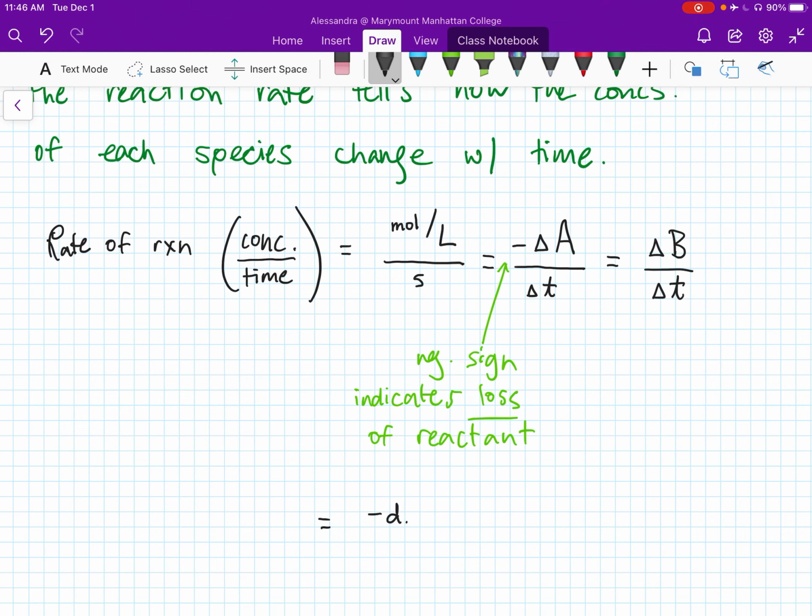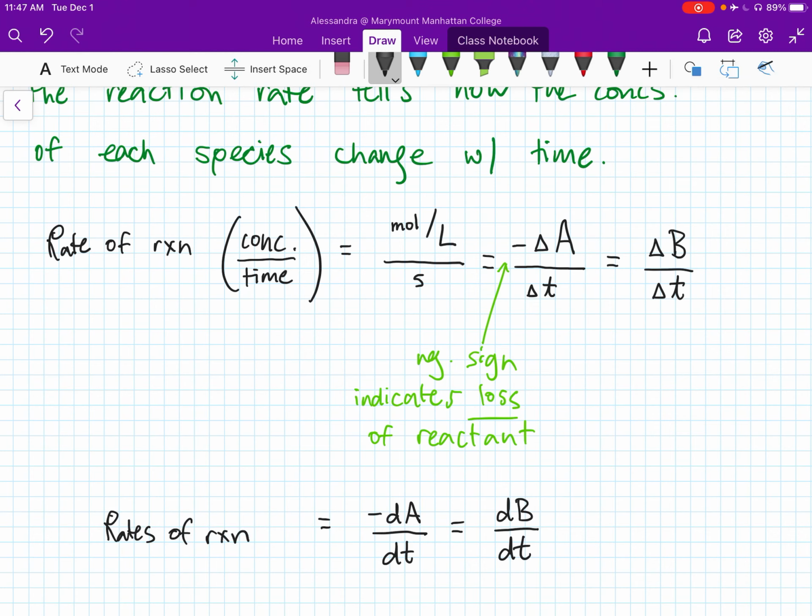So sometimes you see dA over dt, where d just symbolizes that delta, that change. So this is just another way to write that same thing. A change in A over a small chunk of time, delta t. A change in B over a small chunk of time, delta t. Okay, so we can write the rates of the reaction like this.